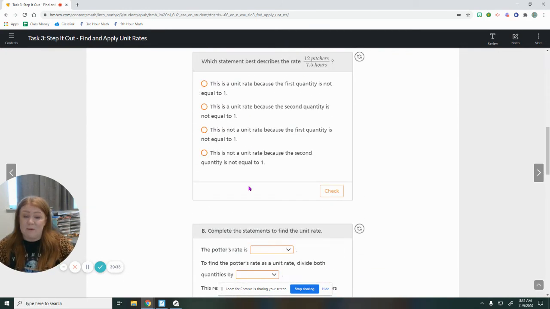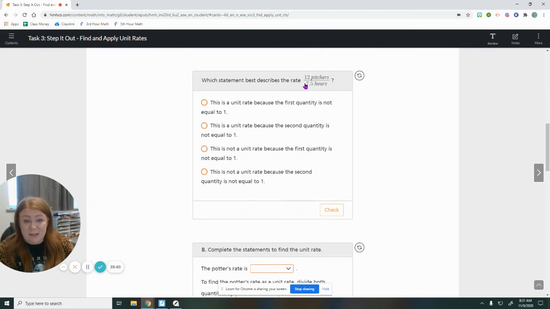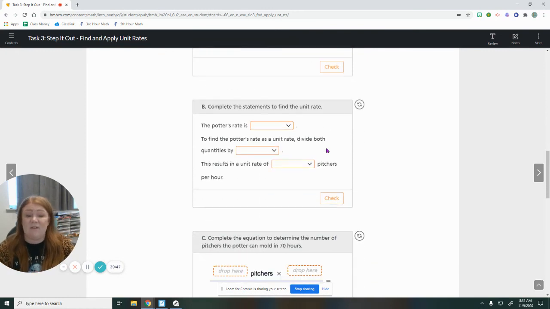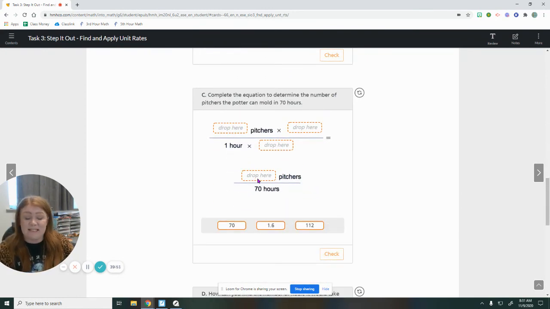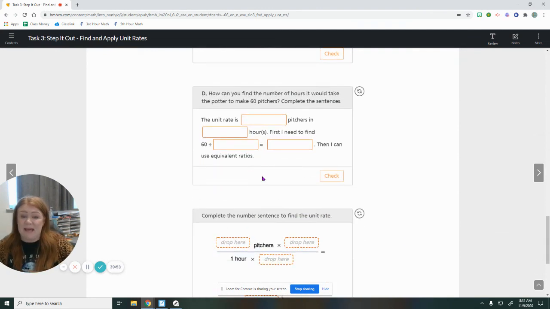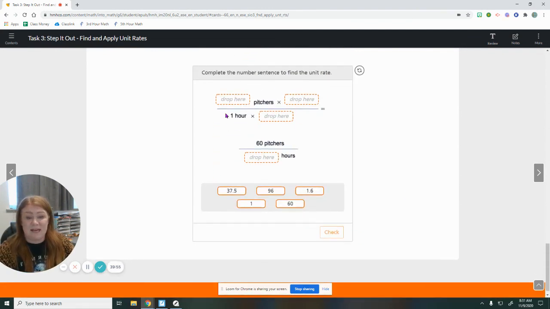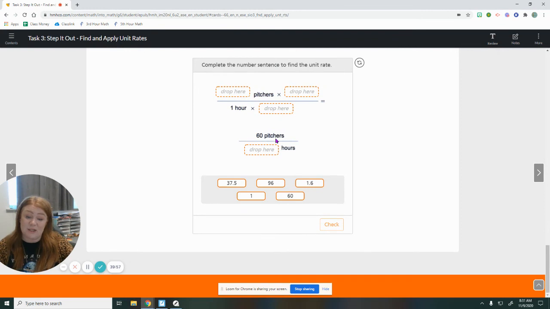And then that's not a unit rate because this is not a 1 on the bottom. We need to always make that second number equal to 1, that is how you find a unit rate. So tell me how we found that, how we could find 70, and then how we would find how many hours it took to do 60.